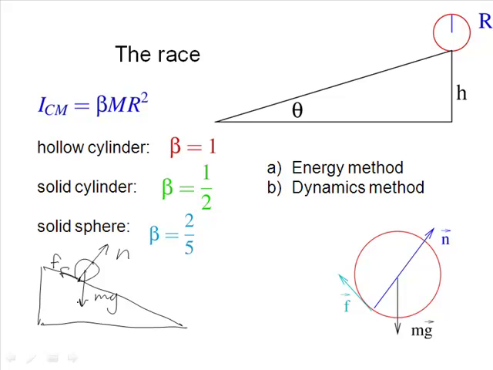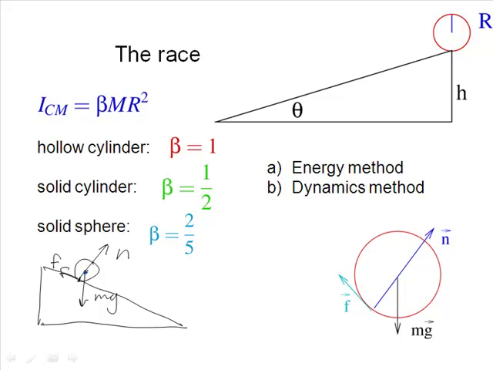Okay, so we've identified the forces, we've identified where they act, we've drawn a free body diagram, an extended free body diagram, and now we need to choose a coordinate system. Now, I'm going to solve this in two different coordinate systems.